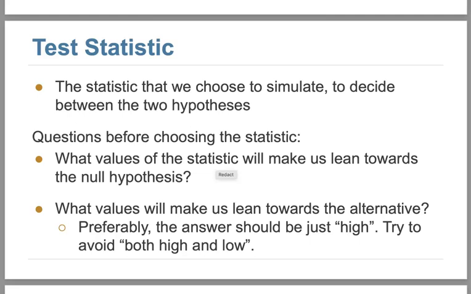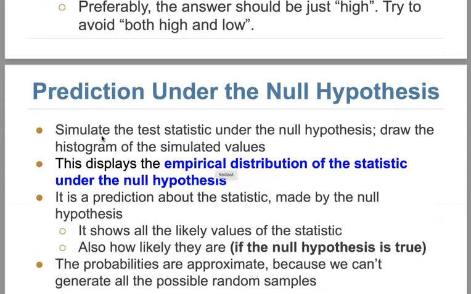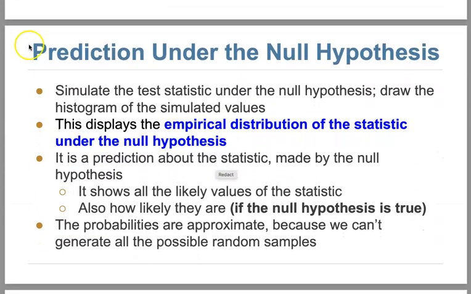After you choose the test statistic, then we do our simulation, or we can say that's prediction, because it's under simulation. So for the prediction under the null hypothesis, we simulate the test statistic under the null hypothesis. You simulate a big number of times. Then you draw the histogram of the simulated values. This will display the empirical distribution.